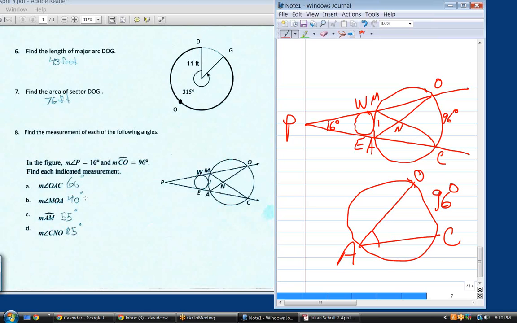MOA. This angle right here. We'll call it X in my drawing.